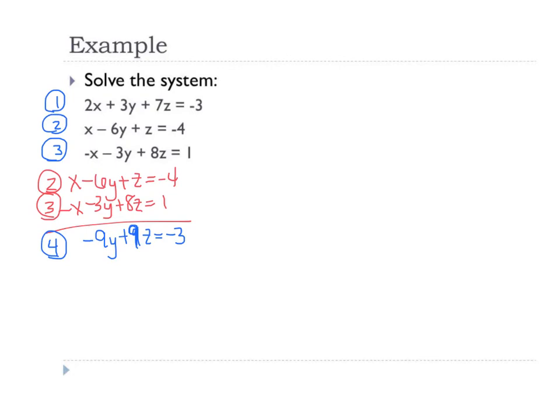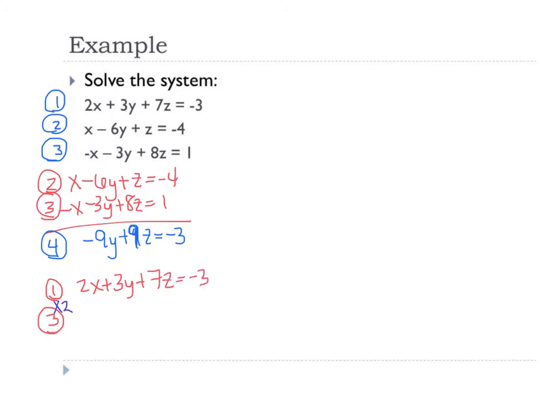I'm going to take equation 1 and 3 to get my other equation, but I'm going to take equation 3 times 2. So equation 1 is going to be 2x plus 3y plus 7z equals -3.